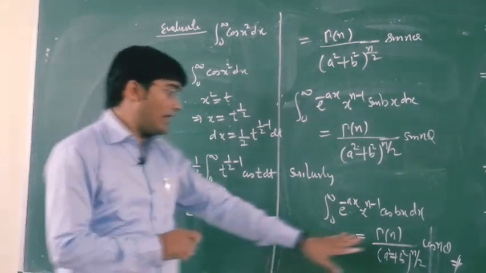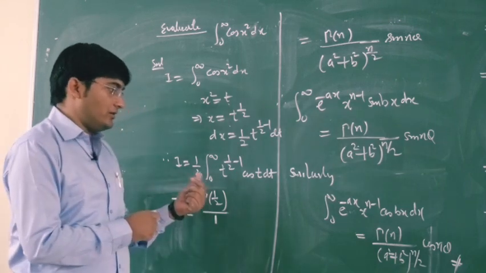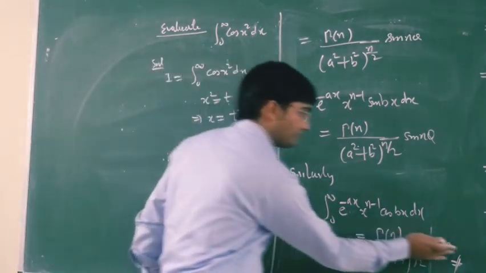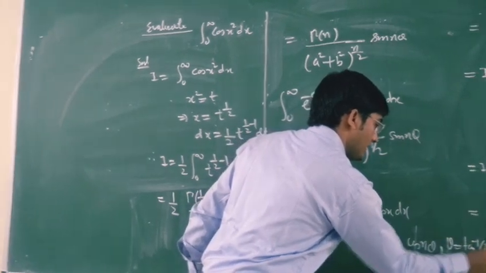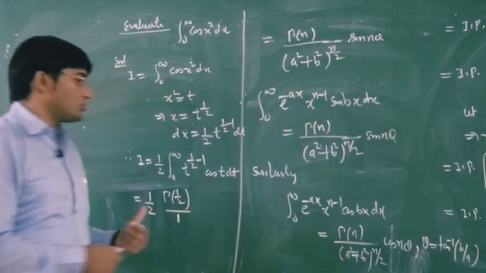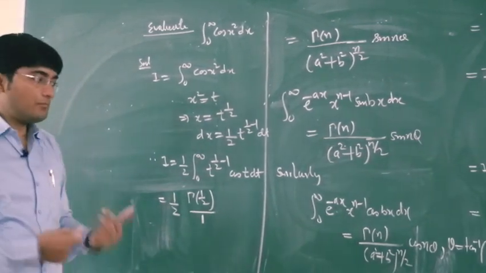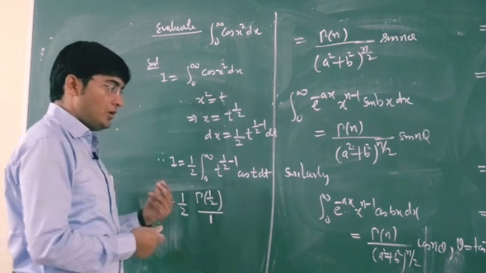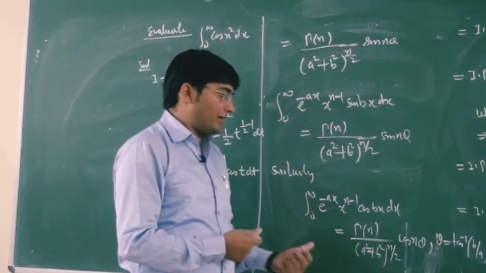And then we will have cos nθ, and your θ will be tan⁻¹(b/a). In our case a is 0, so this will be tan⁻¹(∞), and tan⁻¹(∞) is π/2.